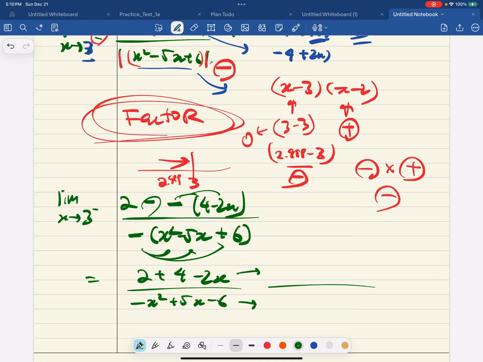The bottom simplifies: x will become x minus 3 and x minus 2. Actually, you have to take out the 1 first. Minus 1 times x minus 3, x minus 2.